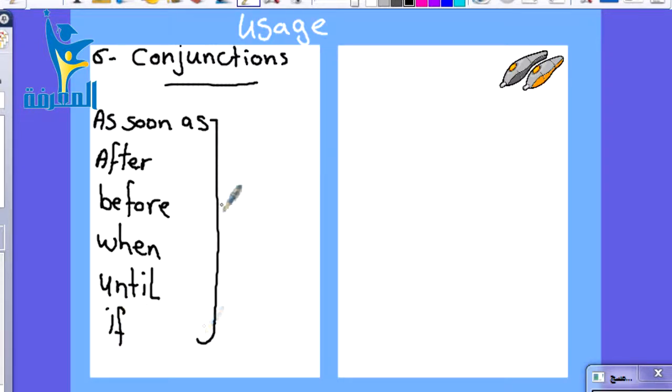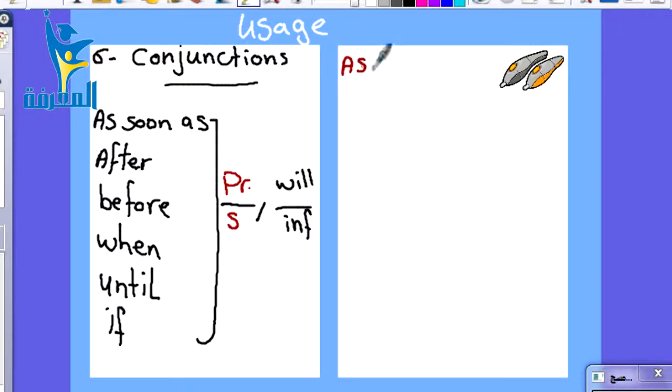We have here two sentences. If the second sentence is future with will and infinitive, of course you are going to use the present simple tense in the first sentence. Let's give you an example.